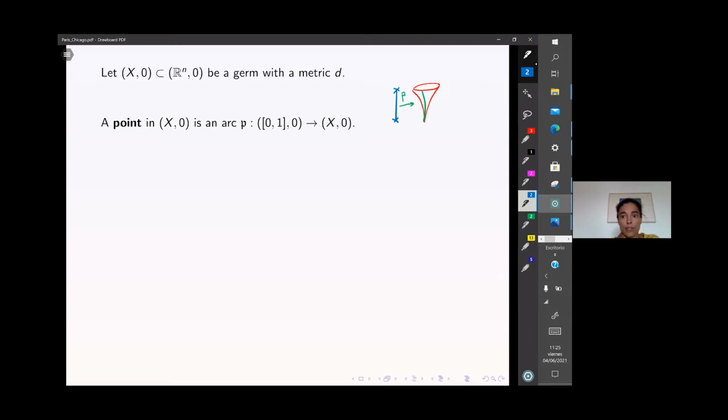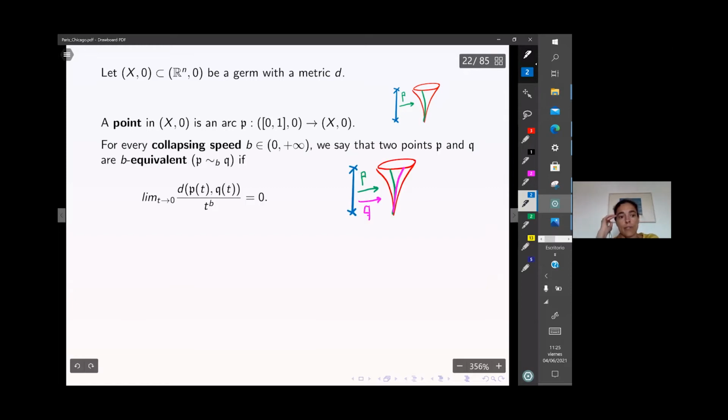And now, for every collapsing speed b, we say two points, P and Q, are b-equivalent if, thinking of t as the distance to the origin, the distance between them when we approach the origin goes to 0 quicker than t to the b.